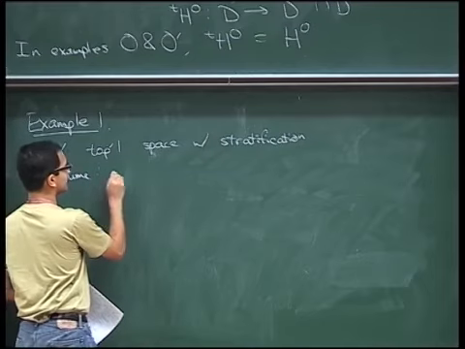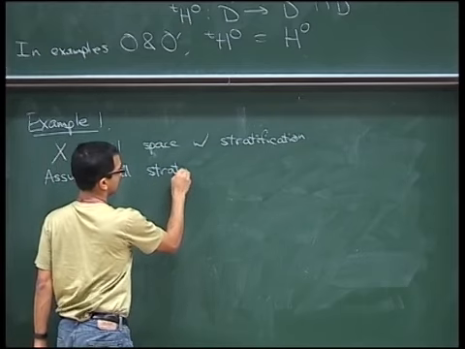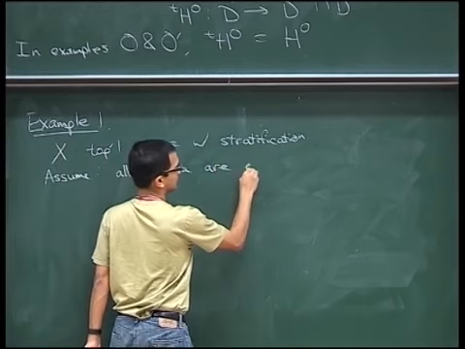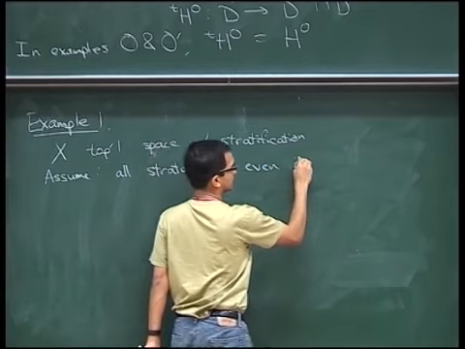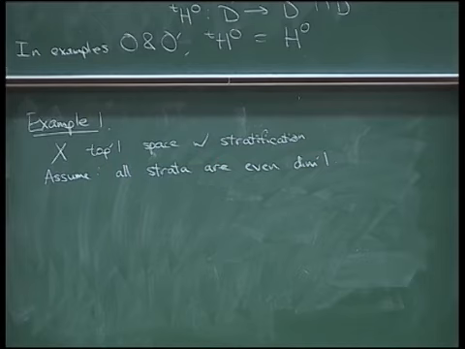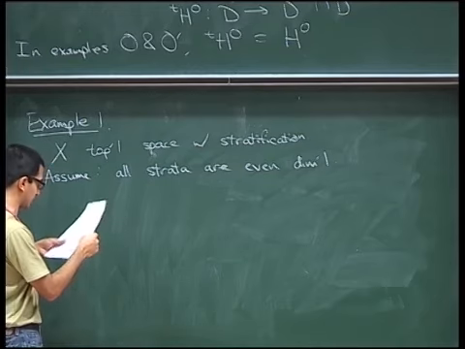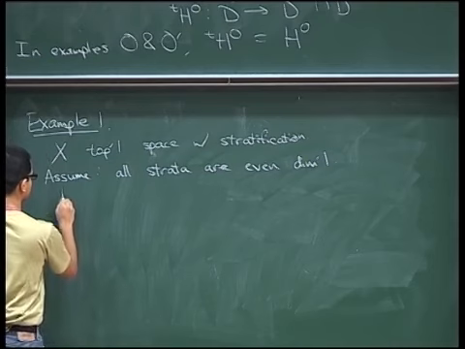So the assumption is that all the strata are even dimensional. Okay. So of course, if you're talking about complex varieties and the strata themselves are complex subvarieties, those are always going to have even real dimensions. So this won't be a problem.